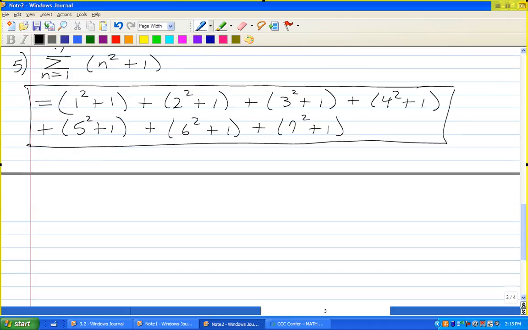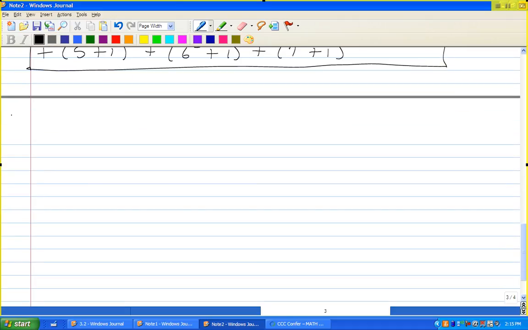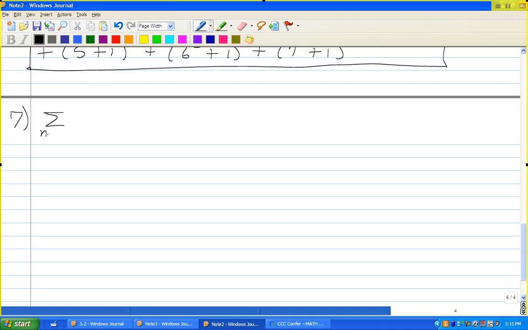Problem number 7. Sum n equals 1 to 8 of 3 times 2 to the n minus 1.